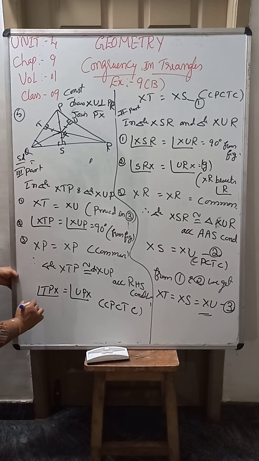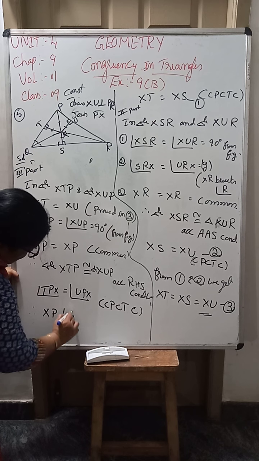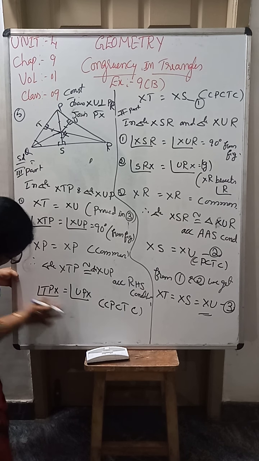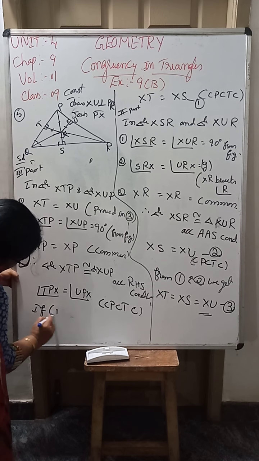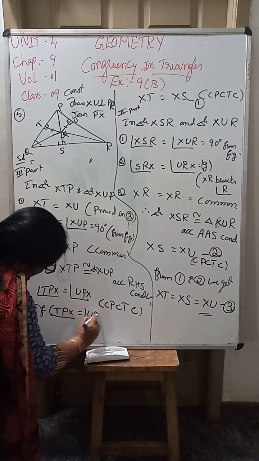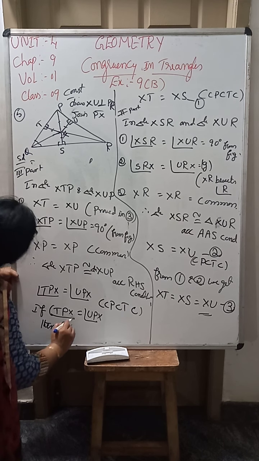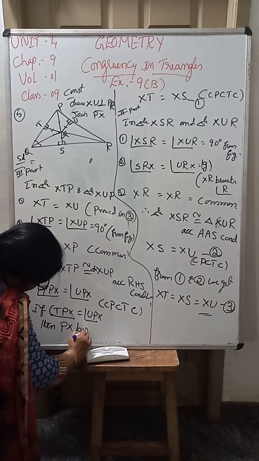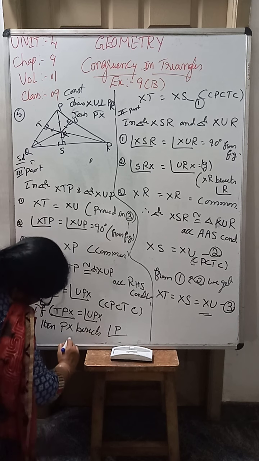Therefore, if angle TPX is equal to angle UPX, then PX bisects angle P. Hence proved.